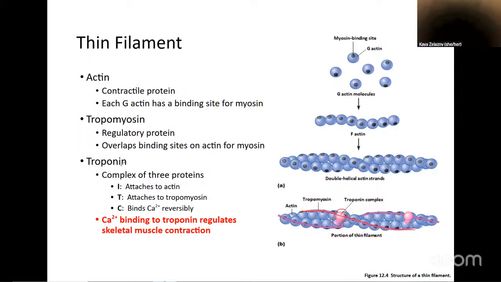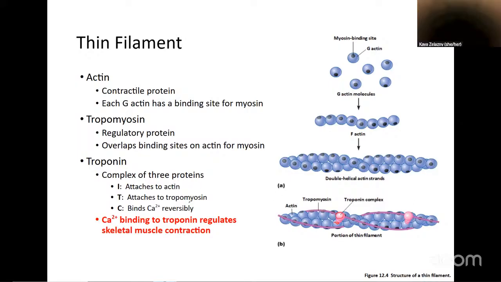But if we wanted to expose them, what we do is take this troponin complex and use it like a switch, like literally think of a physical light switch, right? We can move its position, and it's going to push the tropomyosin. So we have a part of the troponin that's attaching to the actin, we have a part that's going to be attaching to the tropomyosin, and we have a part that's going to be attaching to calcium.